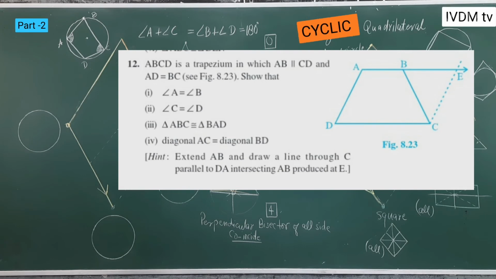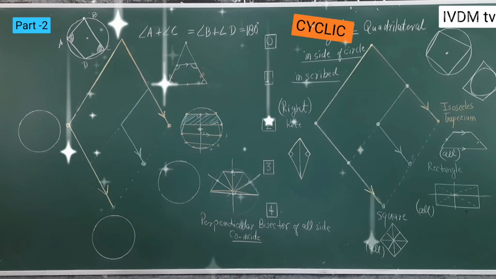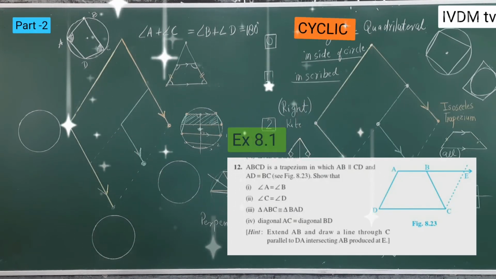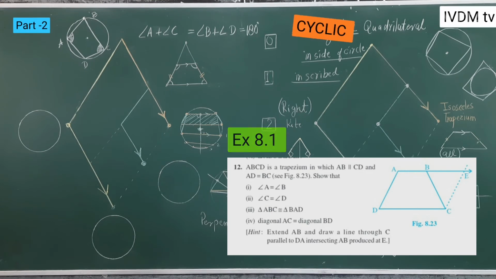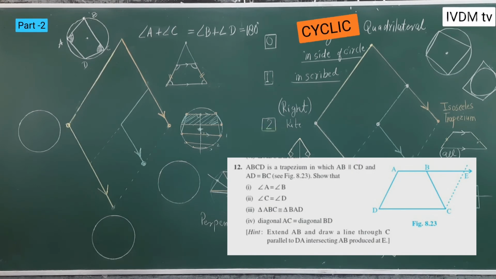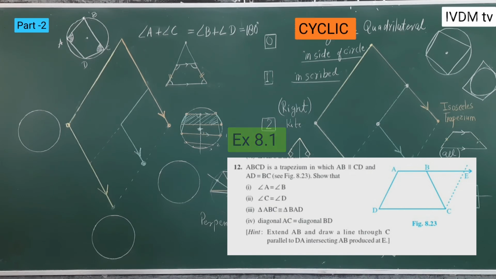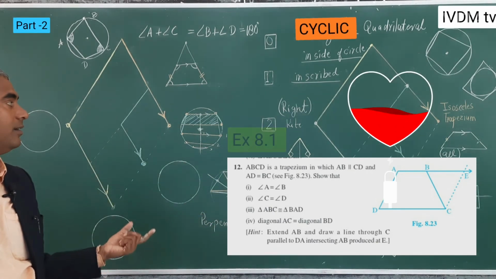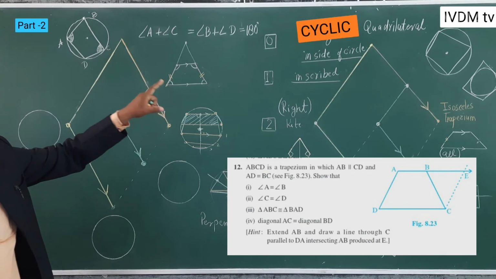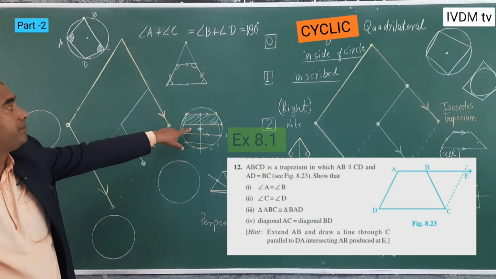Exercise 8.1, question number 12. Only 12 questions are there, and the 12th question included many theorems. So this was the target of your chapter number 8, quadrilaterals.